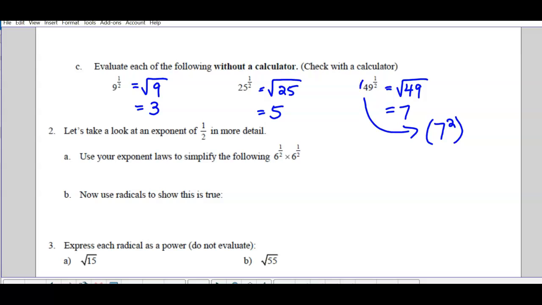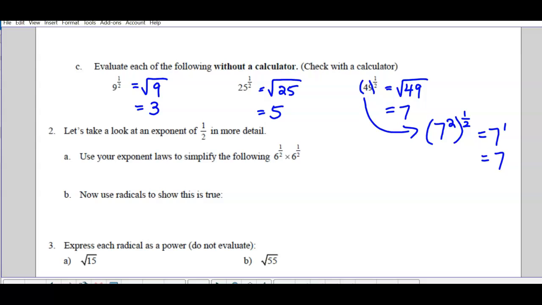So if I replace 49 with 7 squared, raised to the 1/2, then we know our power of a power law, multiply the exponents. 2 times 1/2 is 1. So that's 7 to the 1, which is 7. We already knew square root of 49 is 7, but for bigger radicands, bigger powers, you may end up simplifying using the exponent laws.